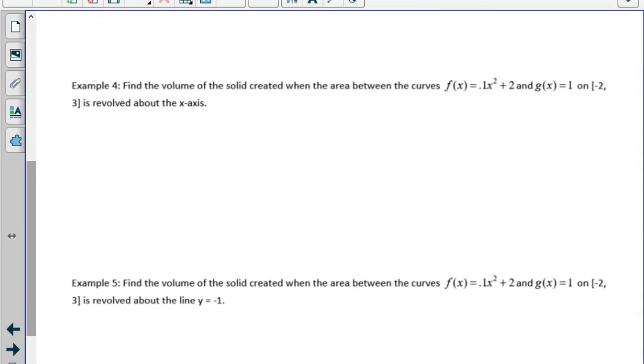Find the volume of the solid created when the area between these 2 curves, f and g, on -2 to 3 is revolved around the x-axis, which is the same thing as y equals 0, and y equals -1. So first, we'll deal with the case where y equals 0.